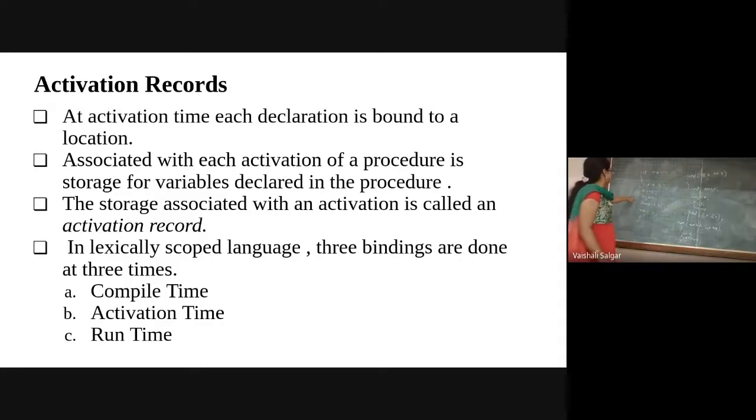When this line of my program gets executed, the control will be transmitted in order to execute that procedure body. So this is my activation time. And the variables whose values get updated during the execution of the procedure are called runtime binding. We have already talked about these types of bindings.